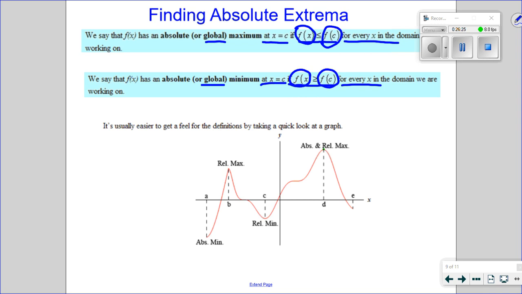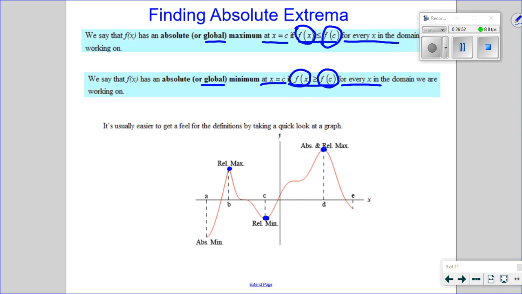So if we start with our relative, this is a relative max, this point is a relative min, this point is a relative max. So again, when you're finding relative extrema, you're just scanning across the graph and identifying the high points and the low points.